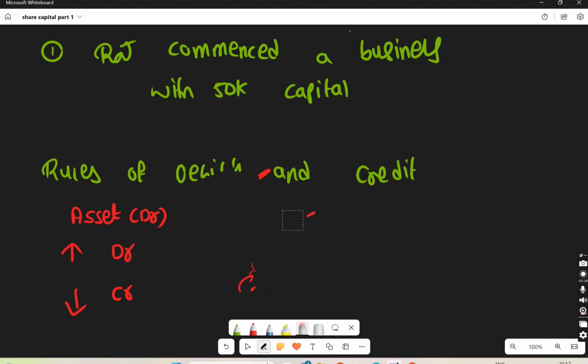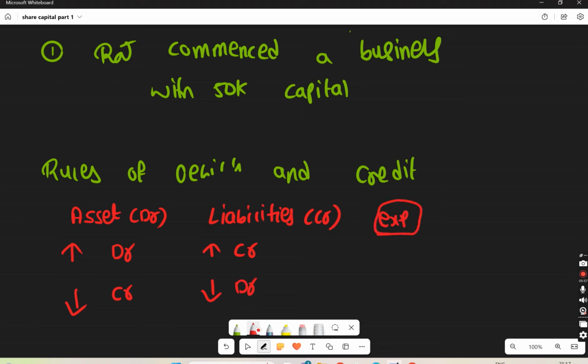Liabilities normally show which balance? Credit balance. If it increases, you will credit it. If it decreases, you will debit it. Expenses normally show a debit balance. Income shows a credit balance. So these are the basic things we have to learn in accounts.